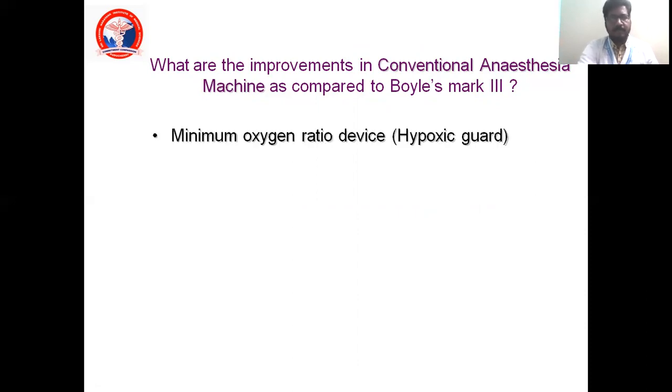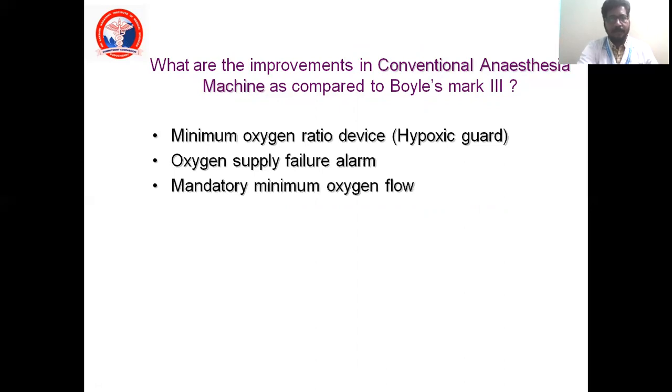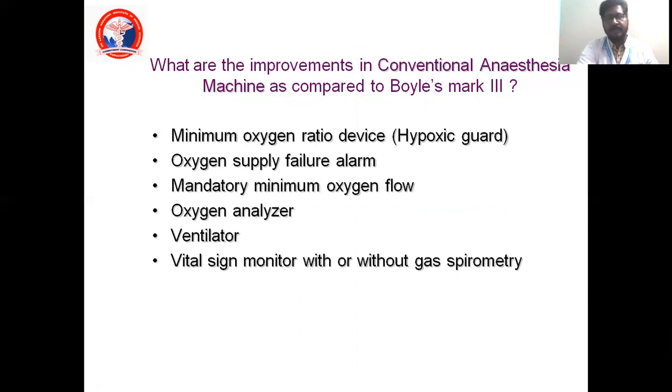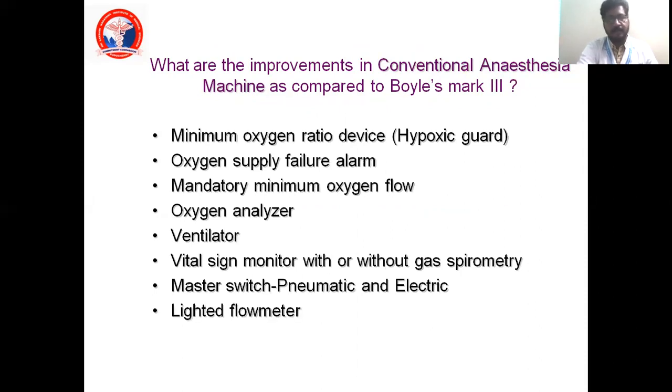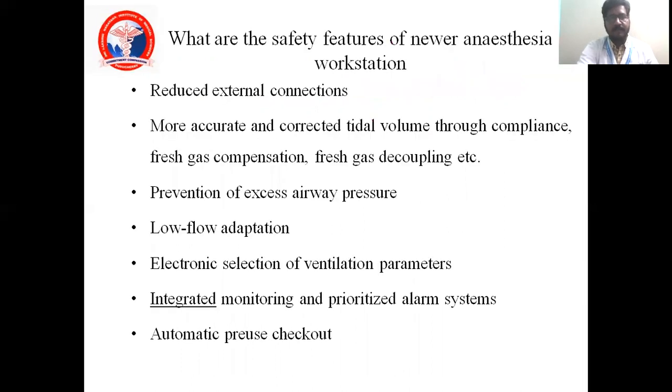It includes a minimum oxygen ratio device, that is a hypoxic guard, an oxygen supply failure alarm, mandatory minimal oxygen flow, that is 125 to 250 ml per minute, an oxygen analyzer, ventilator, vital sign monitor with or without gas spirometry, master switch including both pneumatic and electric, lighted flow meter, air flow meter, etc.